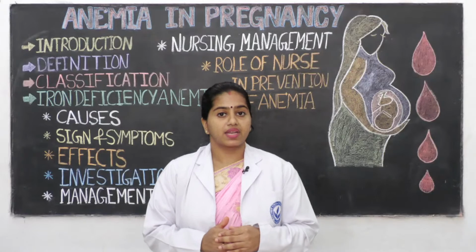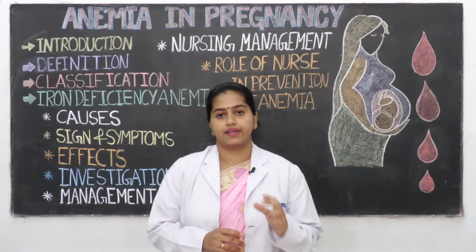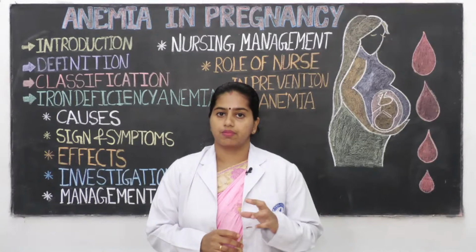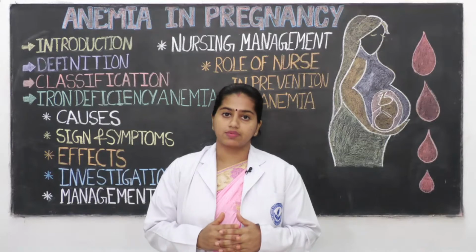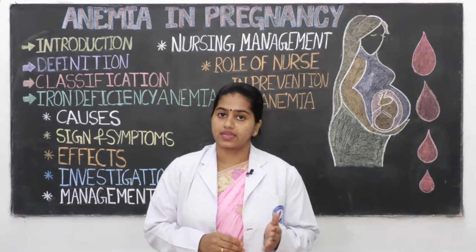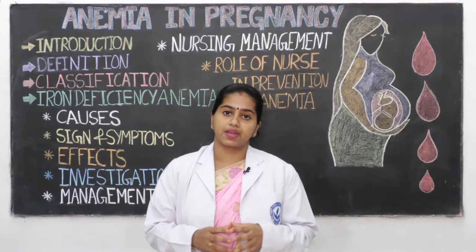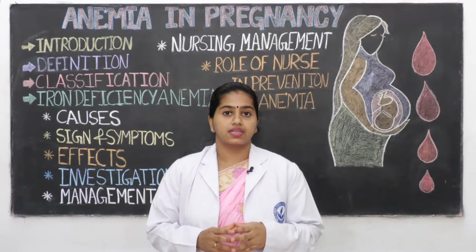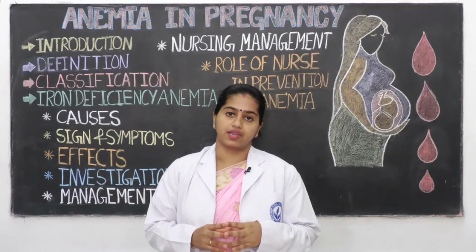The second one is the hemorrhagic type of anemia. Hemorrhagic means blood loss. During pregnancy, the woman may have blood loss, which we can divide into two types, acute blood loss and chronic blood loss. In acute blood loss during pregnancy, she may have disease conditions such as abruptio placenta or placenta previa.